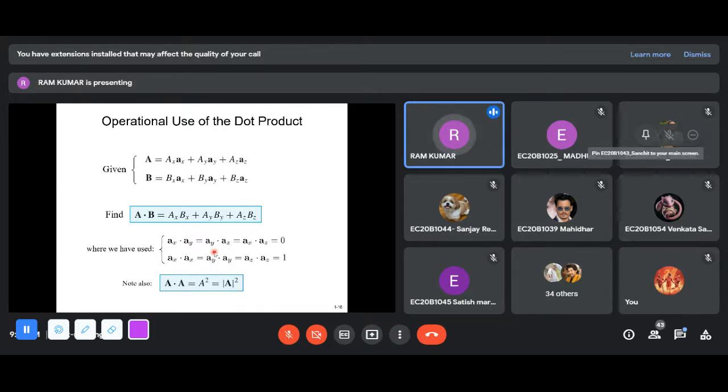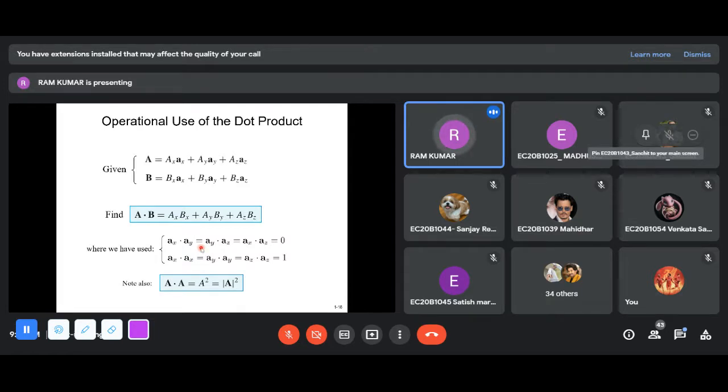Here, instead of IJK, we use AX vector, AY vector, AZ vector. Both are unit vectors, but here we use the generalized case as AX, AY, AZ, so follow the same. Dot product of the same unit vector is 1, of different unit vectors is 0.